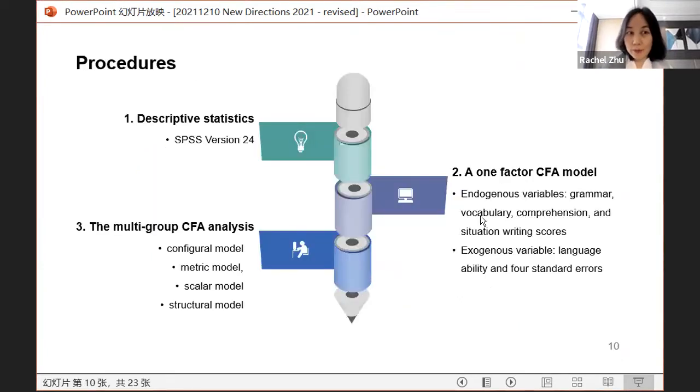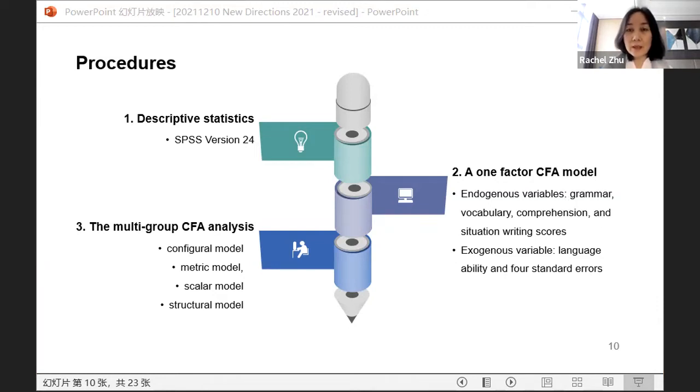So moving on with our presentation, our procedure starts from the descriptive statistics. That is to say, prior to the CFA investigation, descriptive statistics on the total sample, female and male, were calculated by SPSS version 24, and this intends to provide necessary prerequisites for the following CFA model fitting and further discussion.